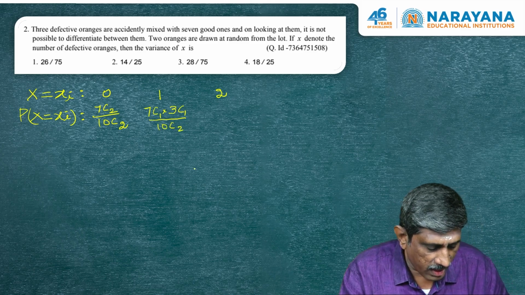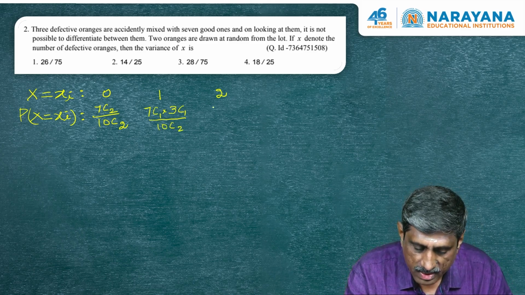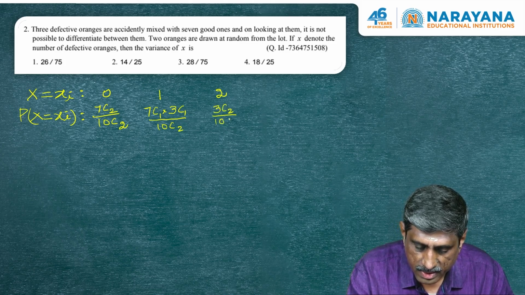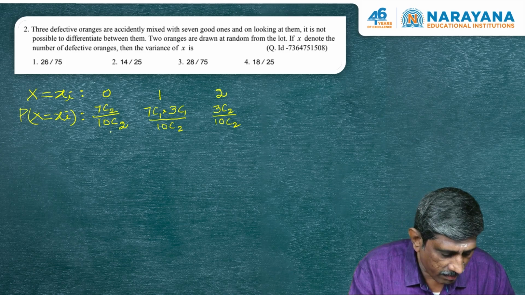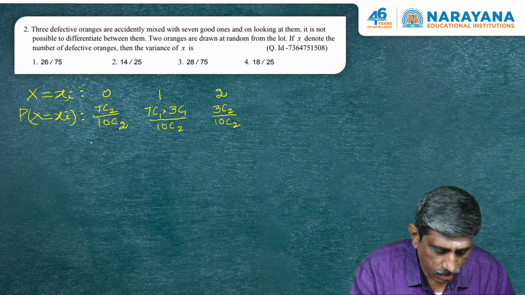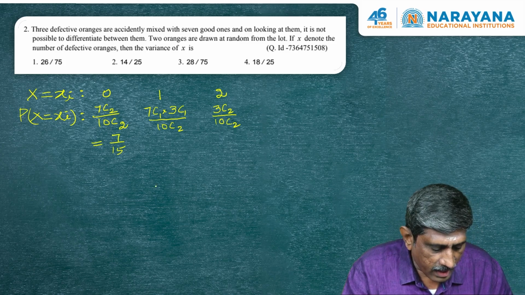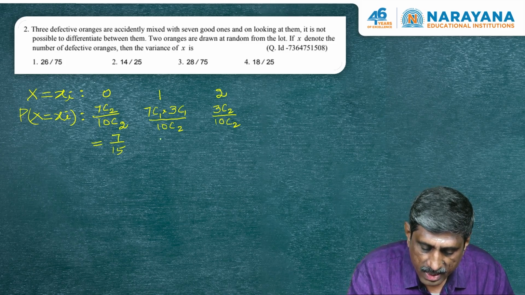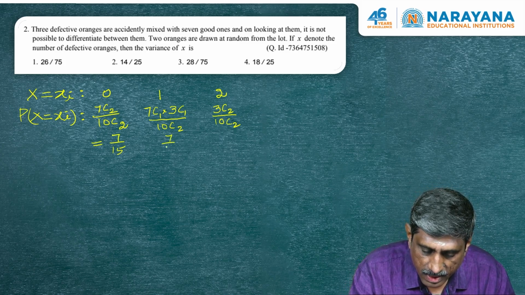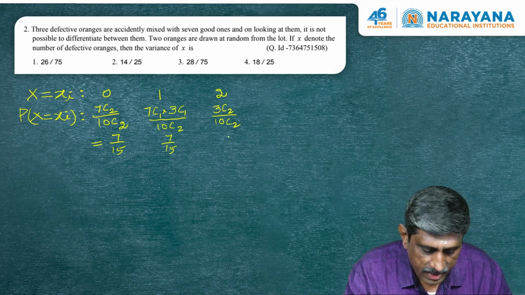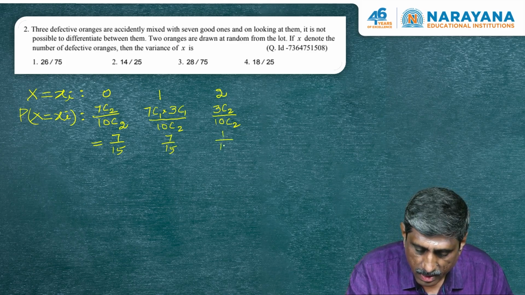The probability of getting 2 defective oranges is 3C2 divided by 10C2. And when you simplify, 7C2 divided by 10C2 is nothing but 7 by 15, and 7C1 into 3C1 by 10C2 is also 7 by 15, and 3C2 by 10C2 is 1 by 15.